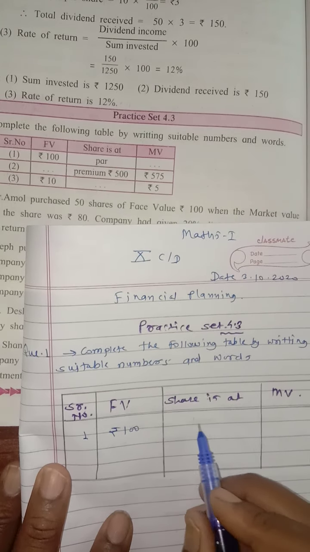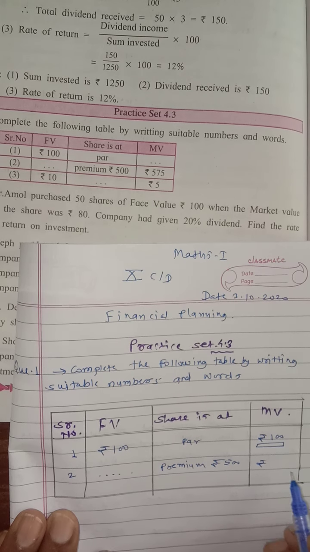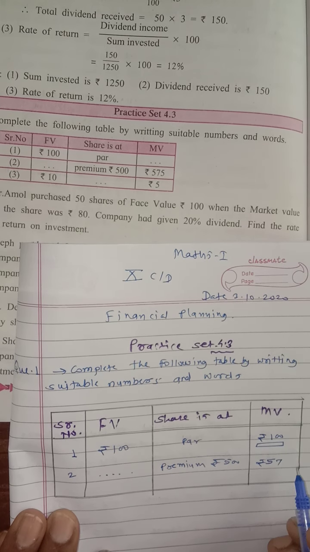In the second example, face value is unknown, premium is rupees 500 and market value is 575. Then we calculate face value.